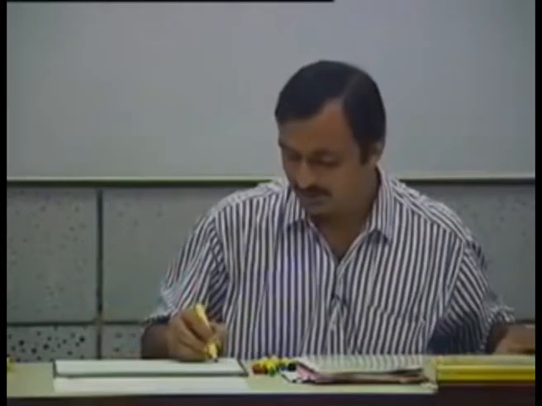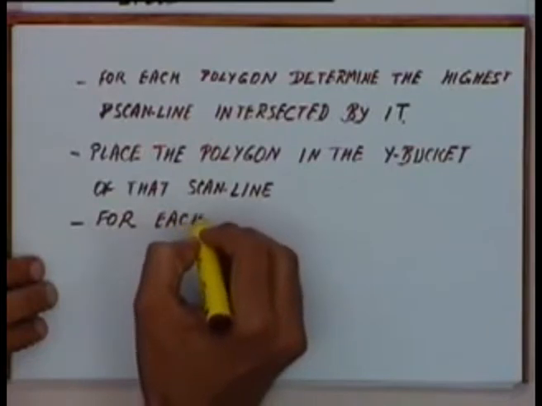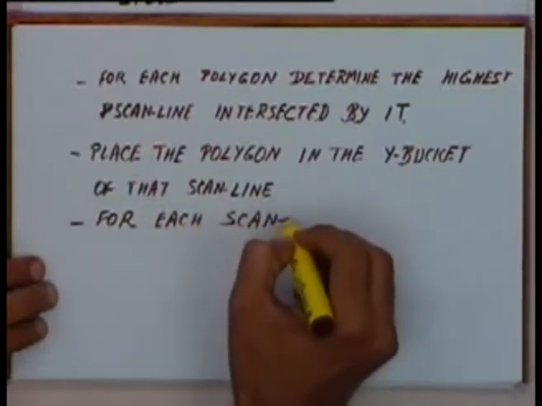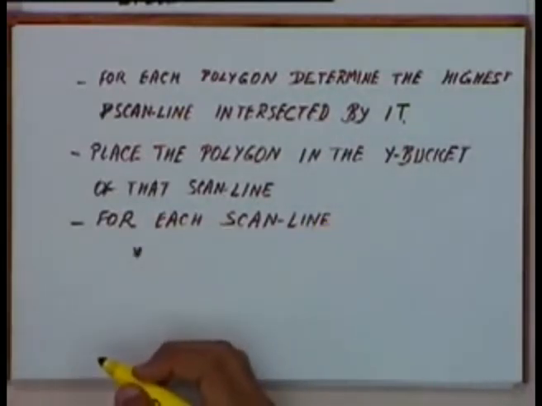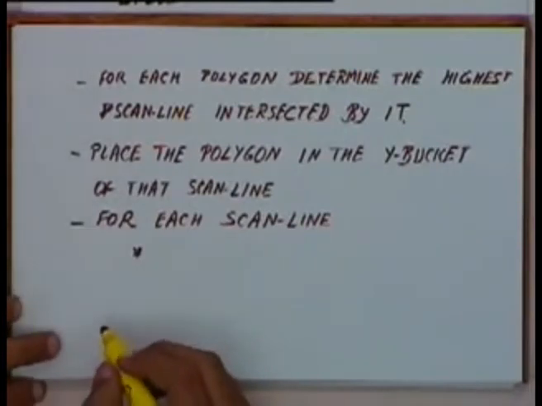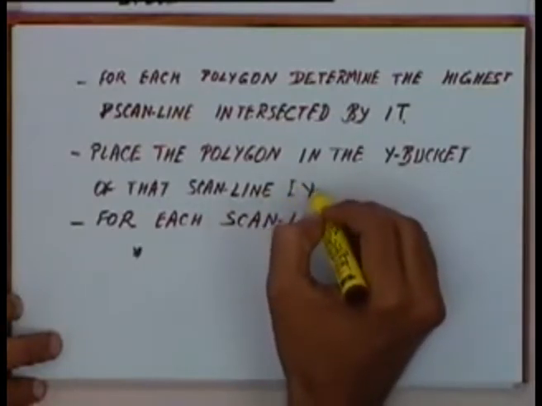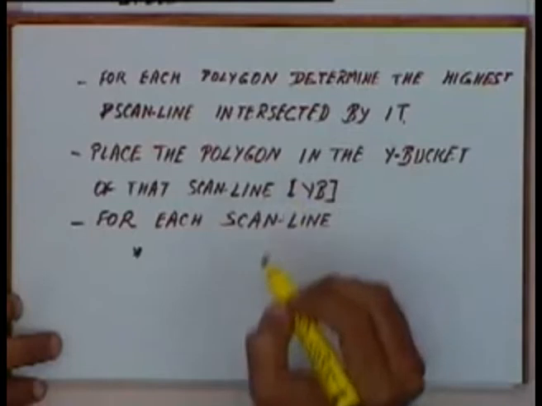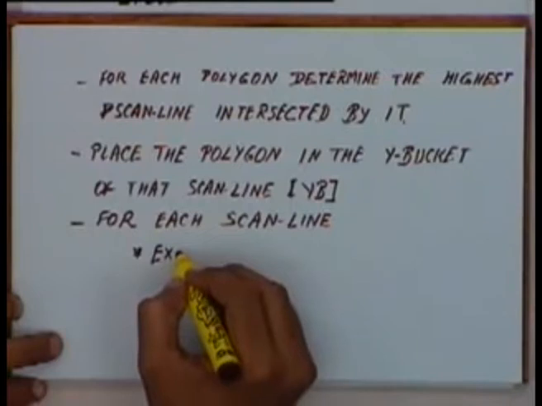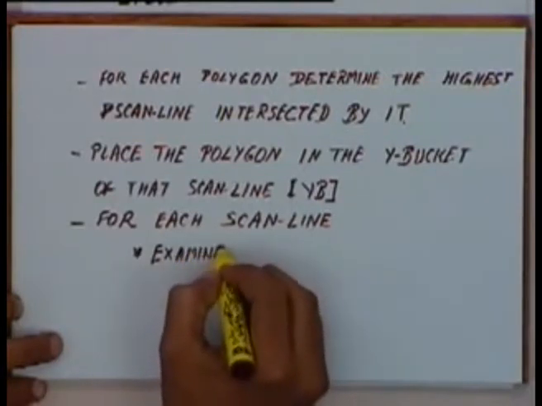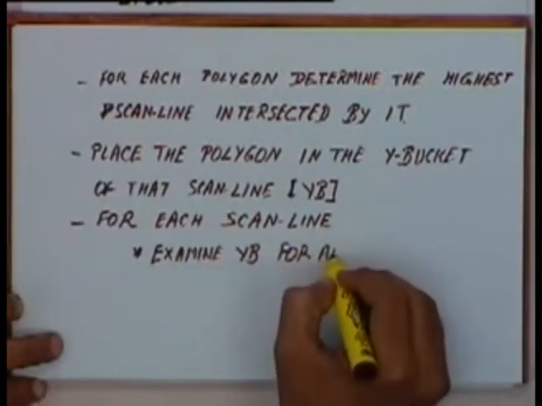Then, for each scan line now, let's say I call this array Y bucket, yb, we'll examine the Y bucket for any new polygons.